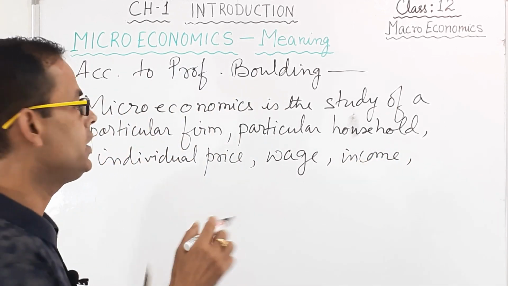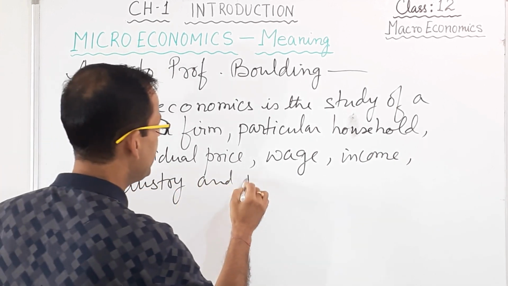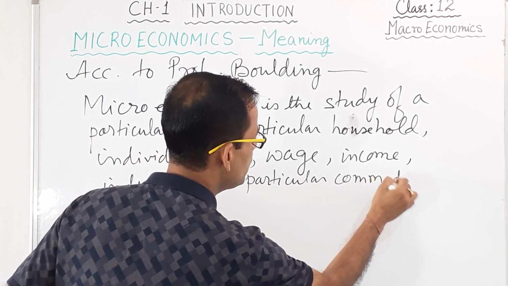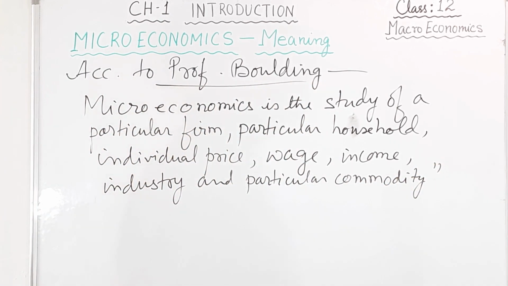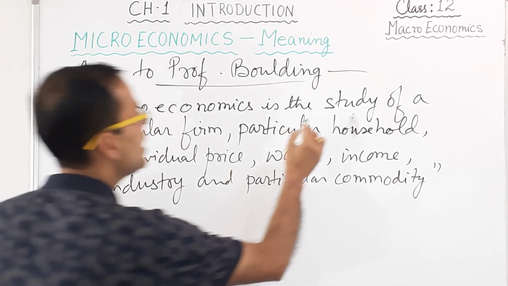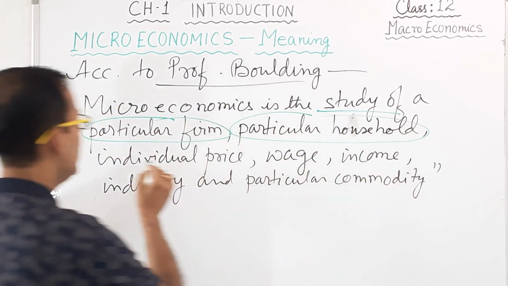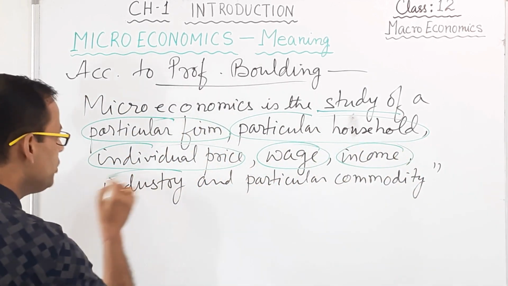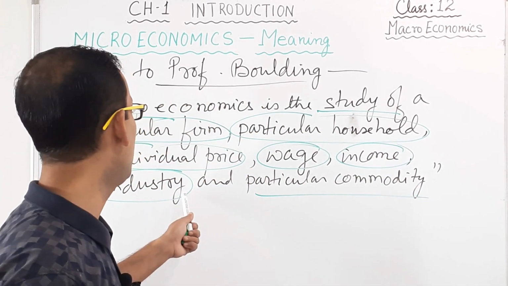And then industry and particular commodity. So when we are studying microeconomics, it is a study of particular firm, particular household, individual price, individual wage, individual income, individual industry, particular commodity. So this is the definition given by whom?